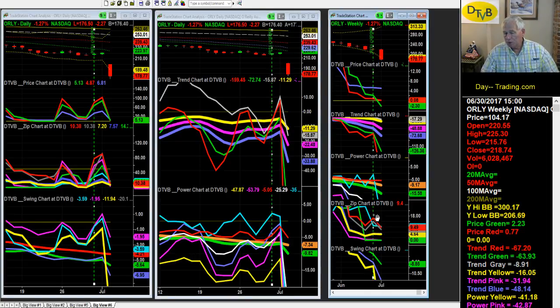We have in the zip chart a non-qualifying peak, but it is a red peak with zip yellow at 4.7 and zip red at 16.5. And so it's kind of an influencing factor, but we wouldn't necessarily identify it as a peak.